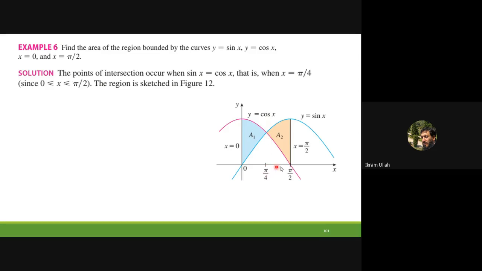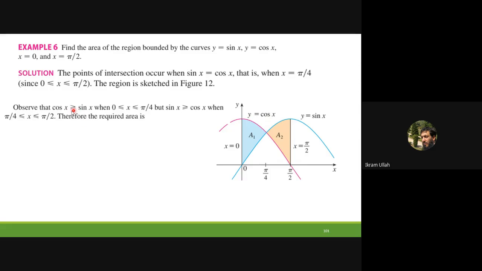And after this, in the interval pi by 4 to pi by 2, in region S2, g of x, which is y equals sine of x, is greater than or equal to f of x, which is y equals cos of x. These are the boundaries: x equals 0 here, and x equals pi by 2 here.